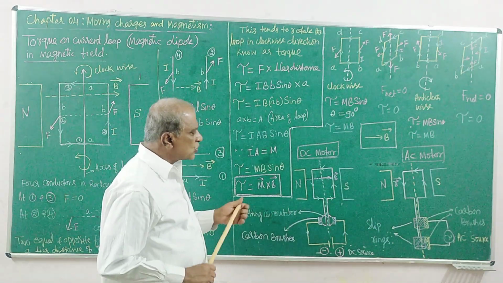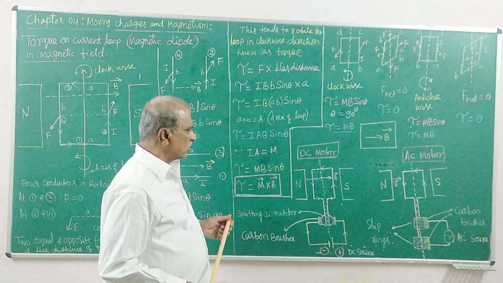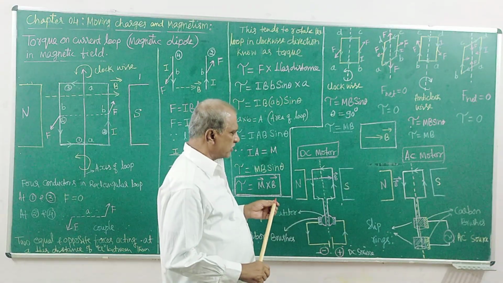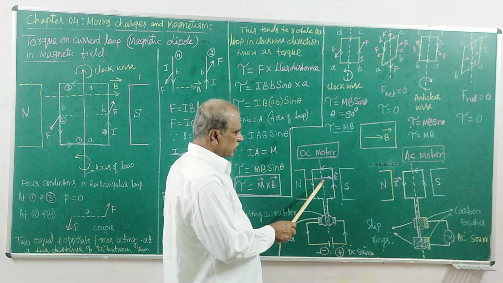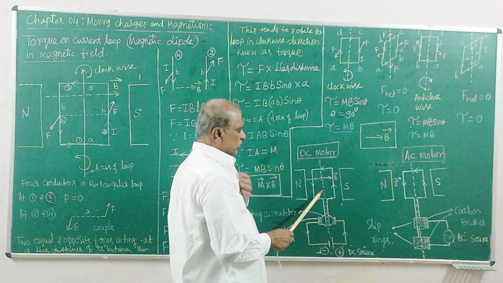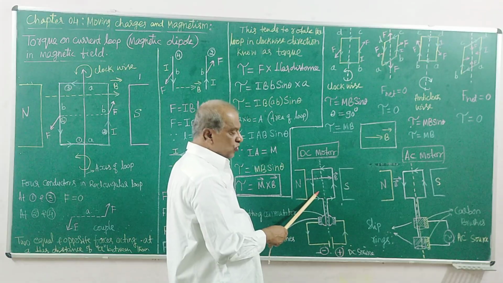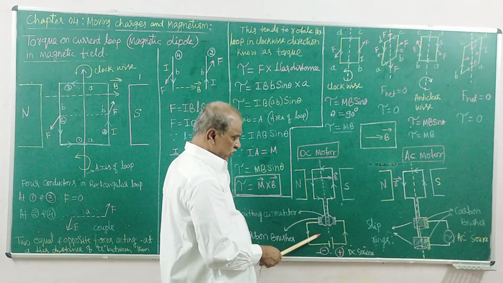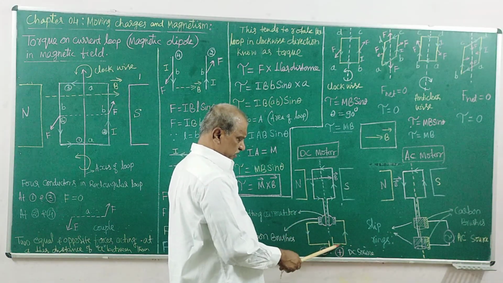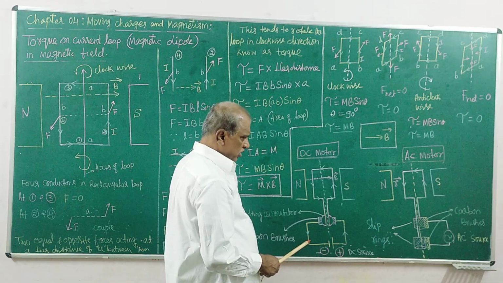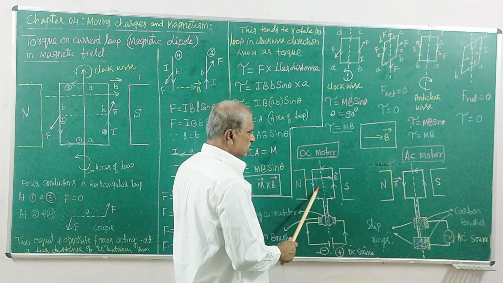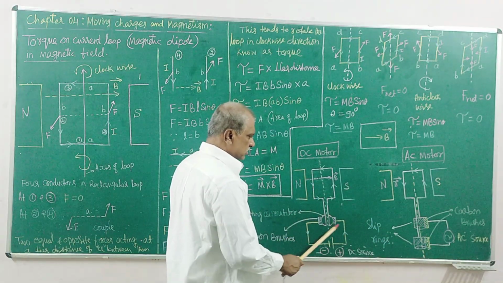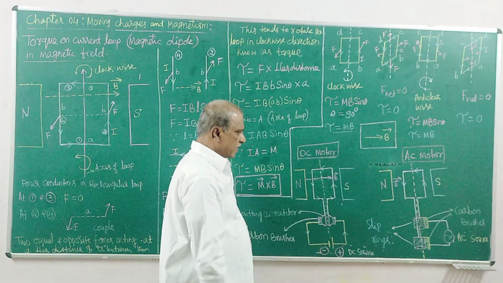Now if you do so, we see that there are two types of circuits. This is a rotating circuit, a moving circuit. Another is a stationary circuit. This is the rotating circuit, this is the stationary circuit. There is a source applied.